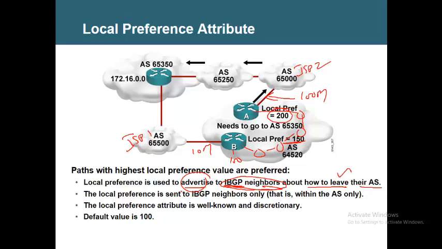What does that mean? It is given to all IBGP neighbors. It is locally significant. Locally to what? Router? No. Locally to the autonomous system. This attribute is not going to be advertised to EBGP neighbors. It is advertised to all IBGP neighbors, very clearly saying that.